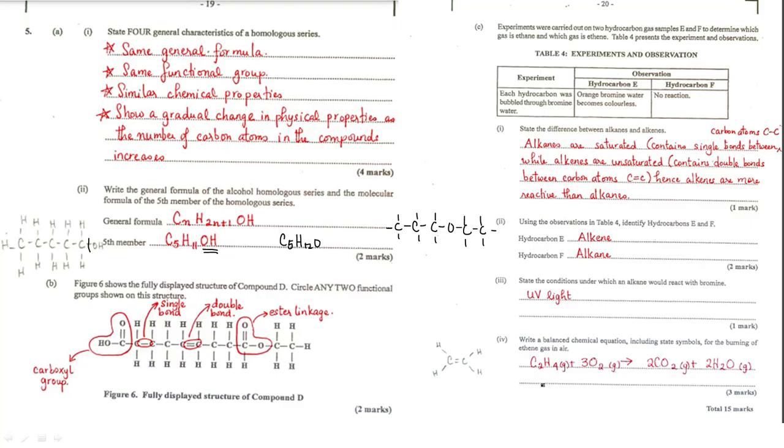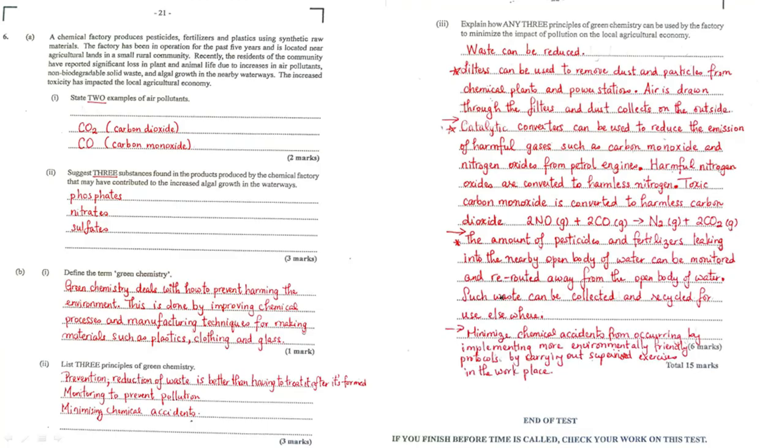And whenever a hydrocarbon burns in air, you can always produce carbon dioxide and water. All we had to do is balance the carbons first, then the hydrogens, and last would be the oxygen, and everything seems to have balanced out. We have 2 carbons on both sides, 4 hydrogens on both sides, and we have 6 oxygens on both sides. That will give you 15 marks.